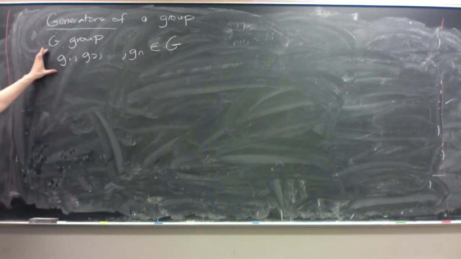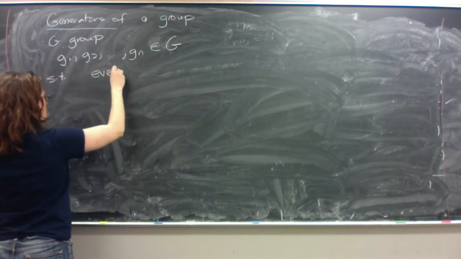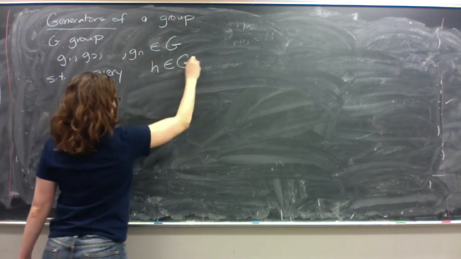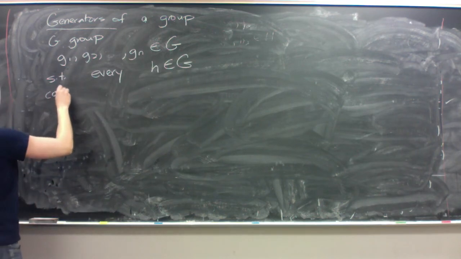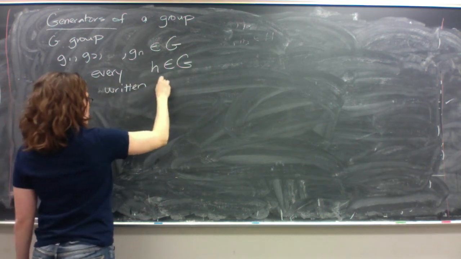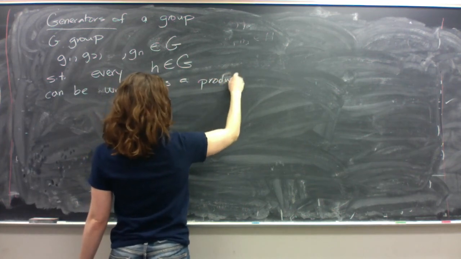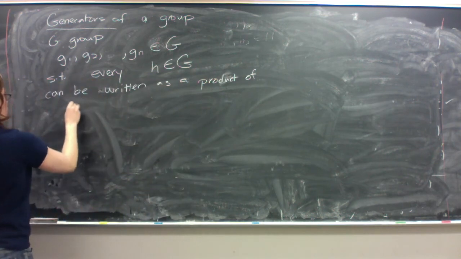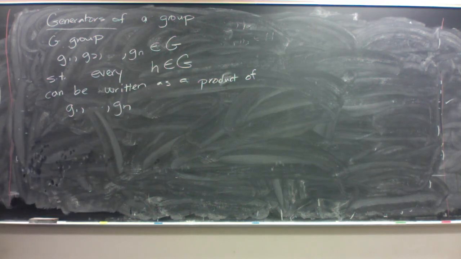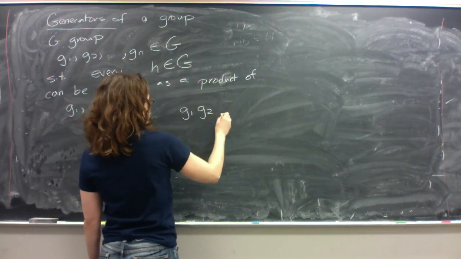It's a set of elements in the group such that every, and I'm going to say h just so I don't keep writing g's, even though these are different g's, such that every h in G can be written as a product, meaning under the binary operation of G, of g1 through gn. And if our group is not abelian, we could end up with something like g1, g2, g1.